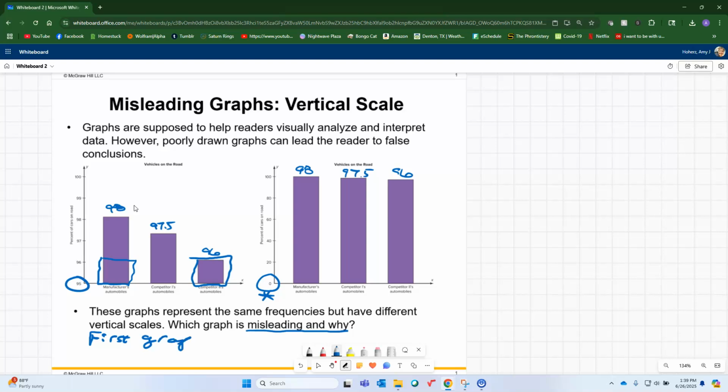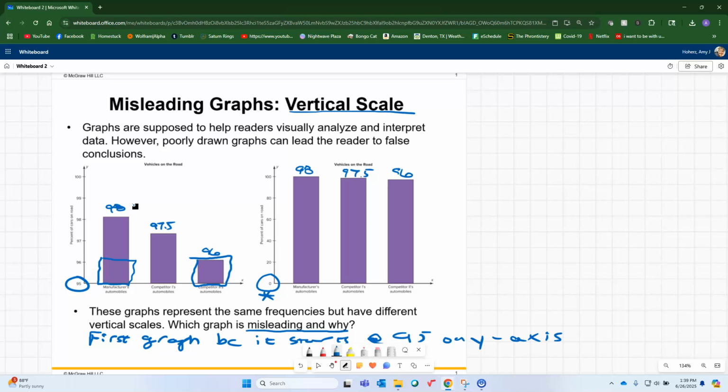because it starts at 95 on the y-axis, or on the vertical scale. So the vertical scale is not mislabeled, but not labeled the entirely proper way.